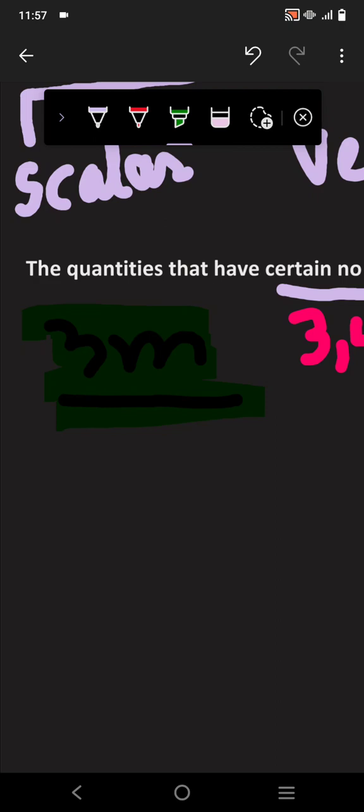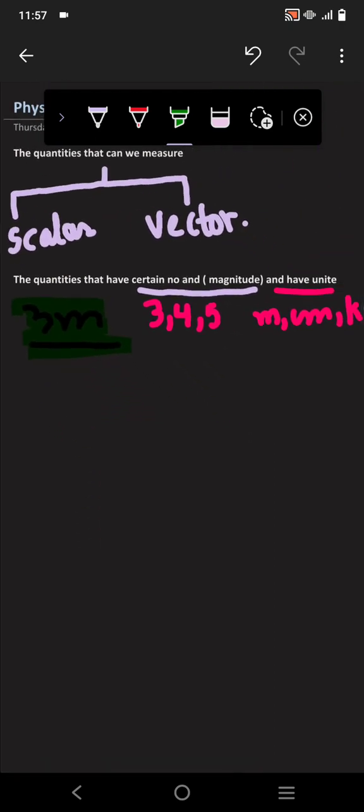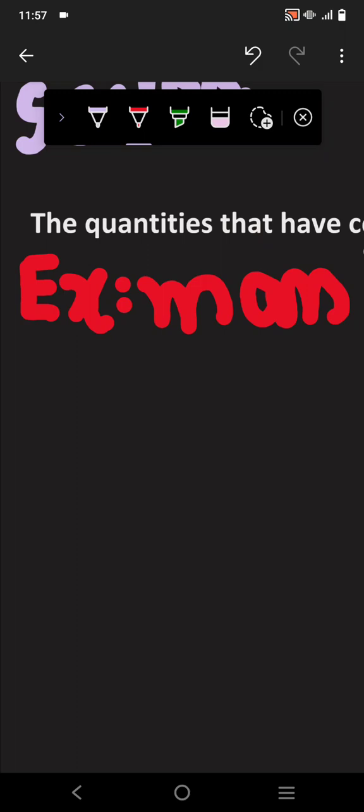If I give you examples of scalar quantities, they can be mass. Does mass have any direction? No, exactly, it does not have any direction.